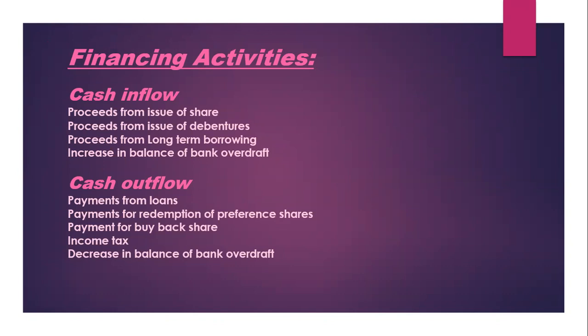Cash outflows in financing activity include payment of loans, payment for redemption of preference shares, payment for buying back the shares, income tax paid, and decrease in balance of bank overdraft. That means the bank overdraft is repaid.